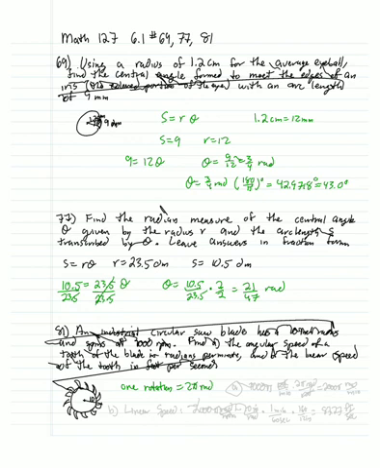So for A, we have 1,000 rotations per minute times 2 pi radians per rotation, and then rotations would cancel doing dimensional analysis. So that gives us 2,000 pi radians per minute. Okay, that's the first one.